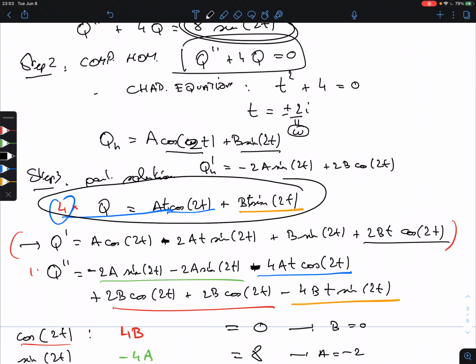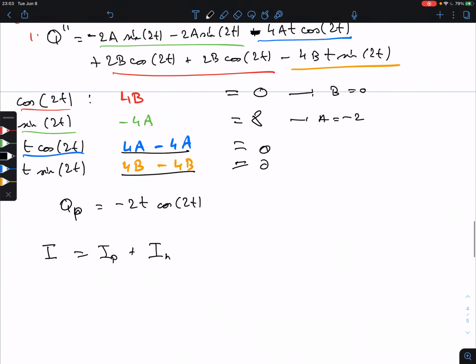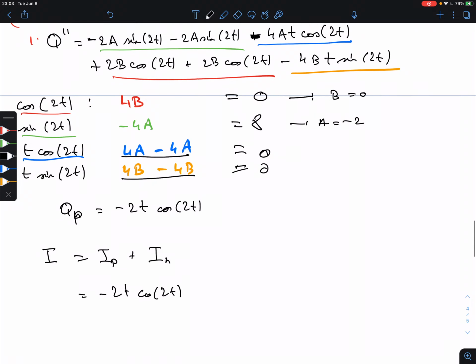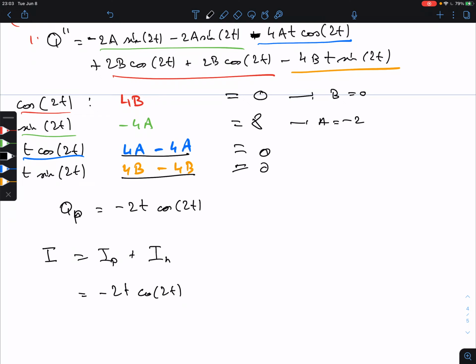Okay? So note, the particular solution we have now found is minus 2t cosine 2t. Sorry, I'm jumping the gun a little bit. Am I? Aren't I? Yes, I am. Sorry. Because I have initial conditions still.